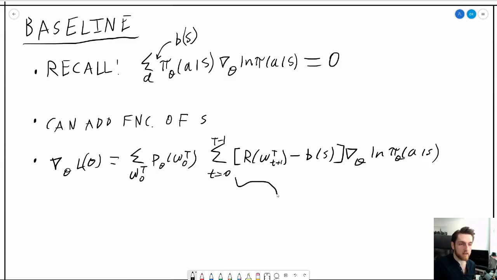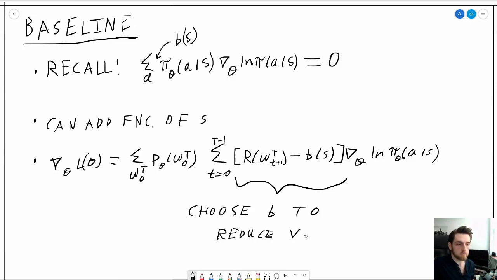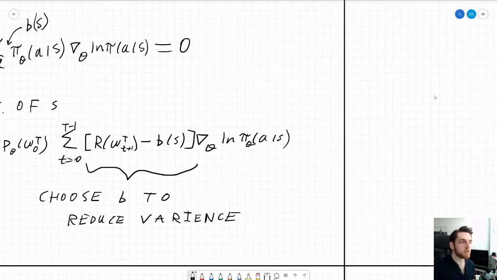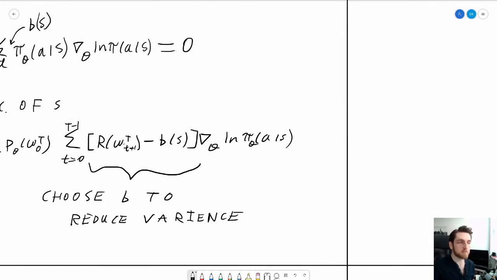And our goal, by introducing this baseline, is to essentially choose it to reduce the variance of this bracket, and thereby reduce the variance of the estimate of the gradient that we construct. So the obvious choice for doing that is the average of this other fixed term in the bracket, which is the return.